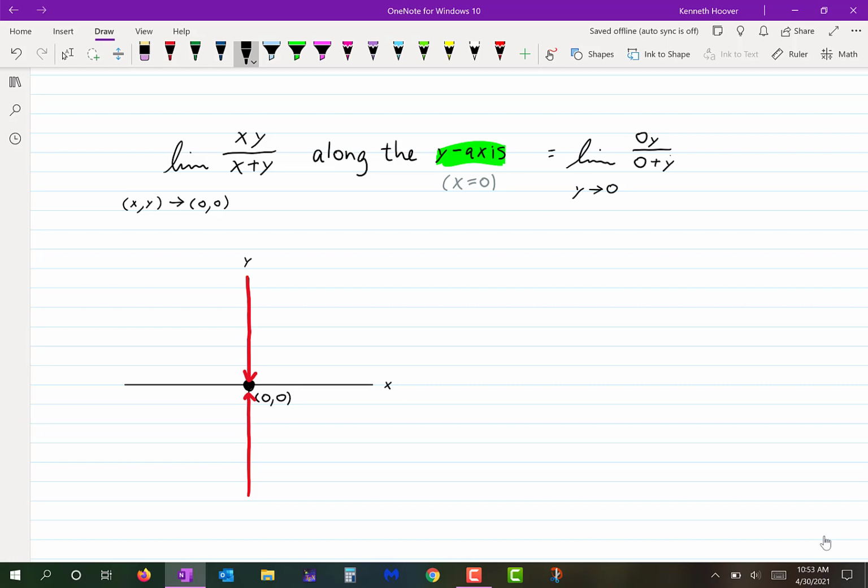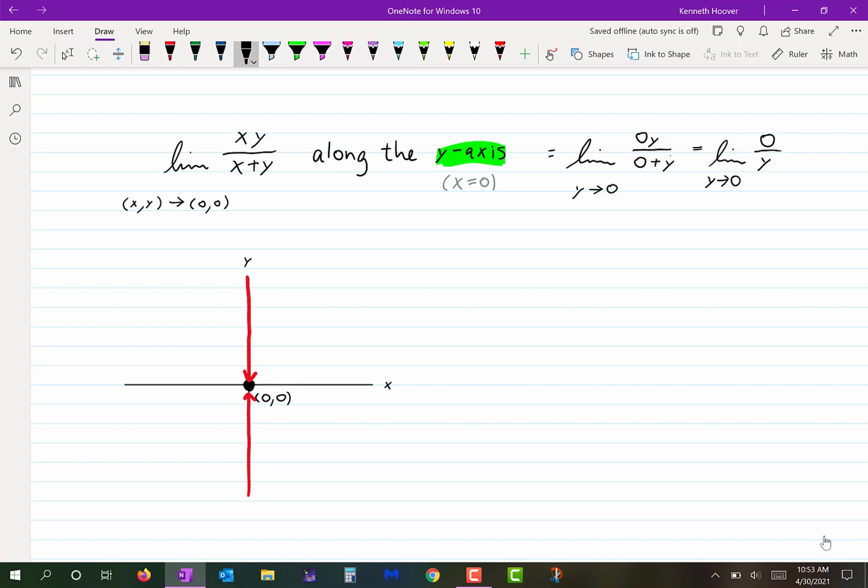So that would be the limit of 0 over 0 plus y. Oh, well, here, what's 0 plus y? 0 plus y is y, correct? There we go. So you're trying to find the limit of 0 over y as y approaches 0.